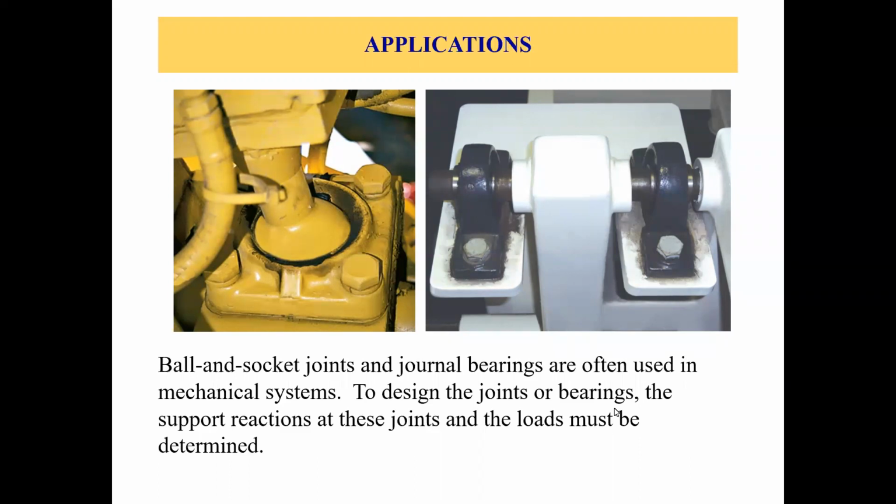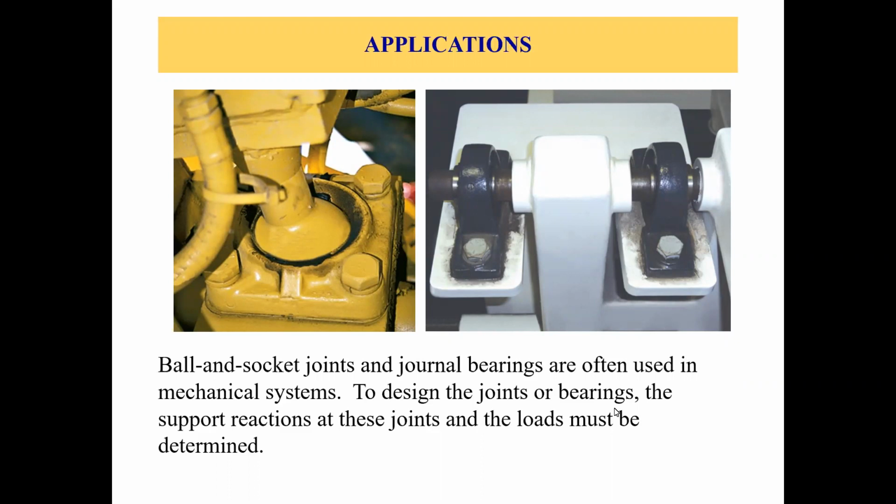So this ball and socket joint, basically the base is acting like a support, and it's preventing the move in the vertical direction, right, and horizontal direction, right? So it's restricting the move in X, Y, and Z, all 3 directions, right?